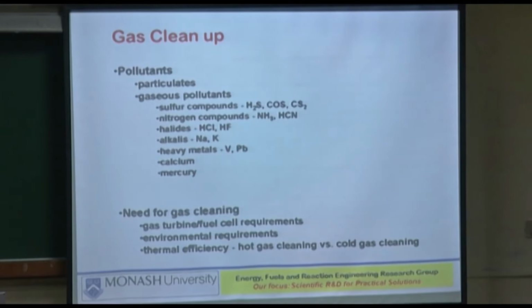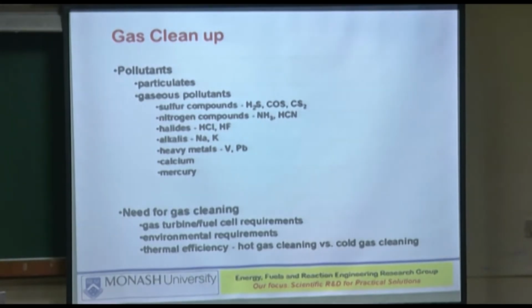Predominantly hydrogen sulfide, because the majority of the sulfur in most coals is present as organic sulfur. That's the reason. And progressively the other ones, CS2 being the smallest. COS, if it comes out, can often be hydrolyzed with steam to form H2S and CO2.